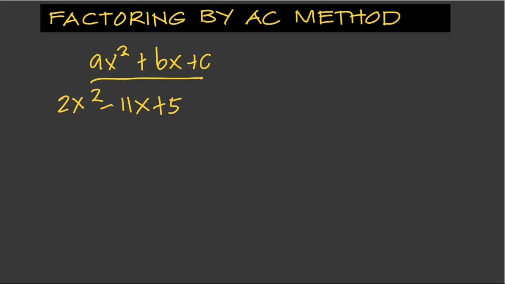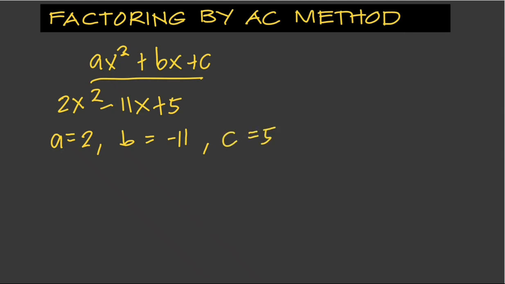First, we factor any common terms. There aren't any common terms here. So after factoring common terms, we identify A, B, and C. A here is equal to 2, B is equal to negative 11, and C is equal to 5.